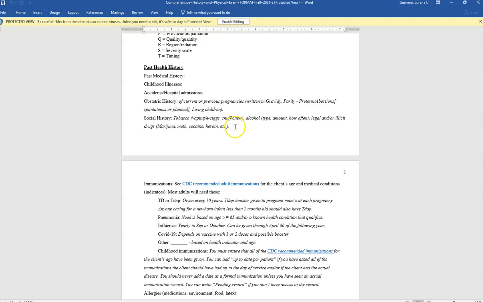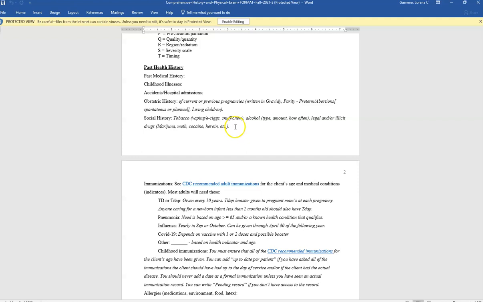Like if you're working on a medical surgical floor and you're going to get a new patient, that patient can come directly from the doctor's office or from the emergency department. But I guarantee you, no one has really done a comprehensive health history until you do it. So you got to know how to do this.